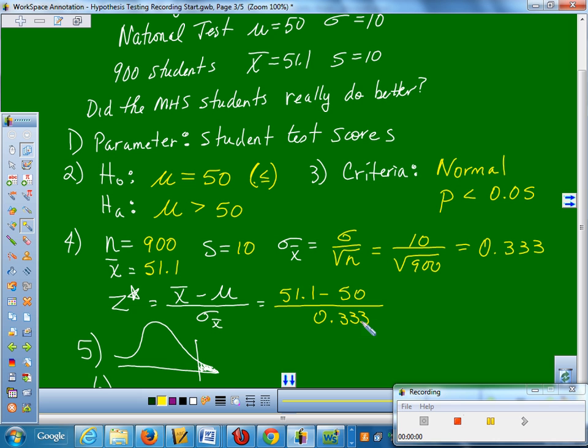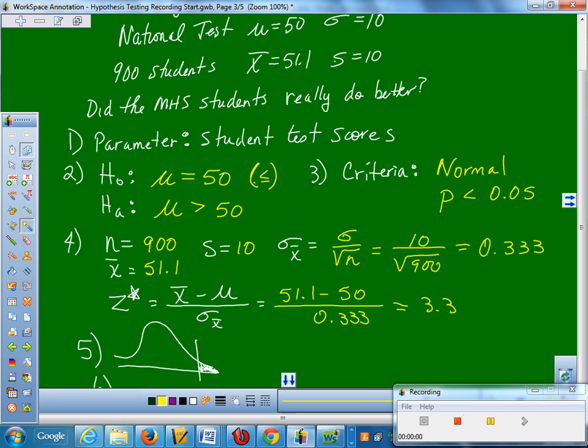If you actually put that in a calculator and divide it, you will discover you get a z-score of 3.3. Well, I don't know about you all, but a z-score of 3.3, that's very close, if not at the end of the chart. Okay.